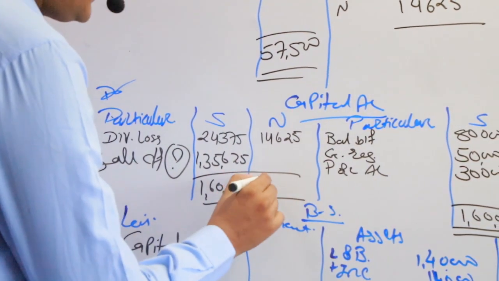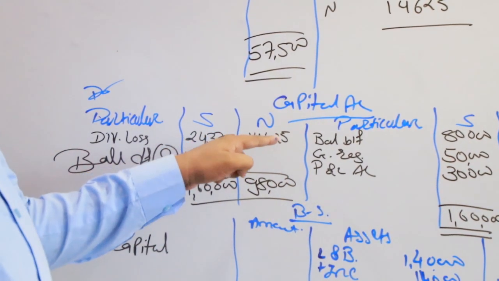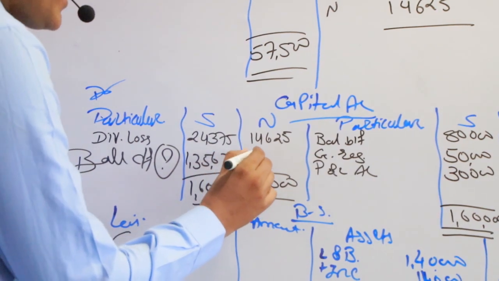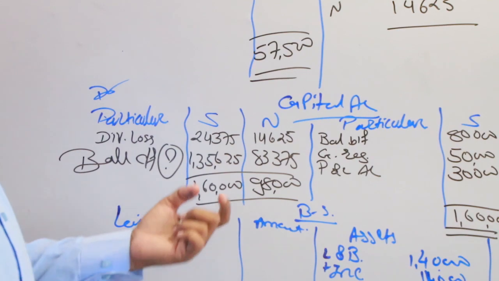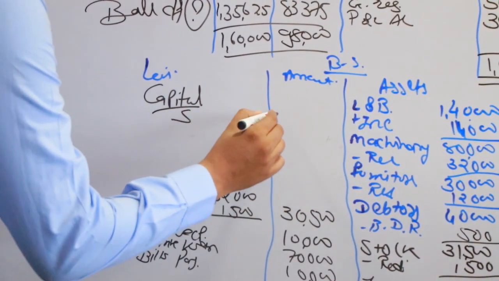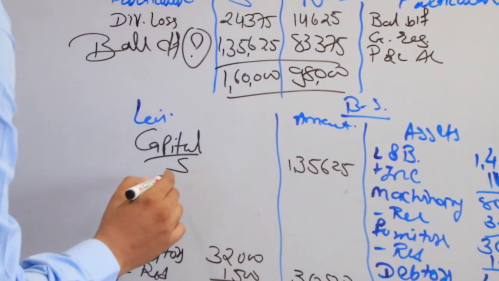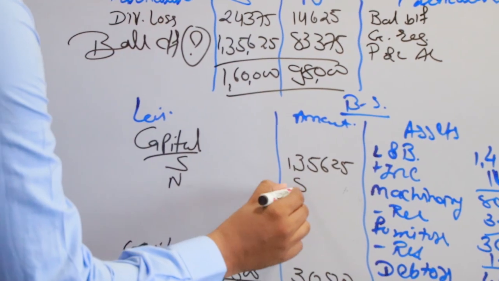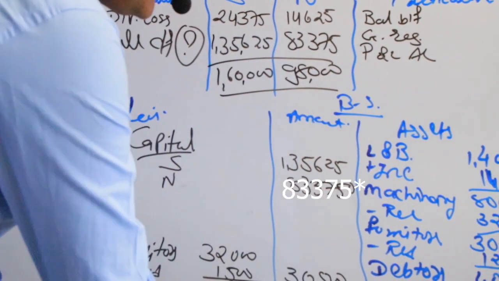Same way here, total 98,000 minus 14,625 comes to 83,375. That capital we record here: for Sarjan 1,35,625, and for Nirmi 83,375.